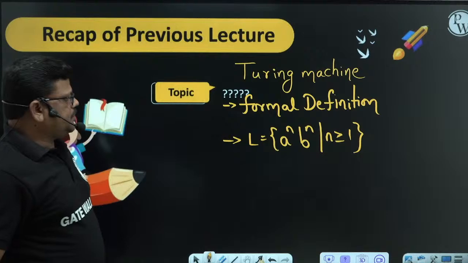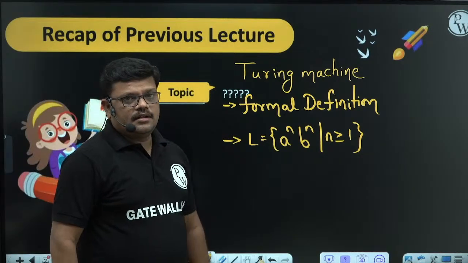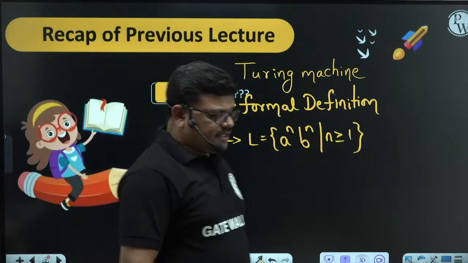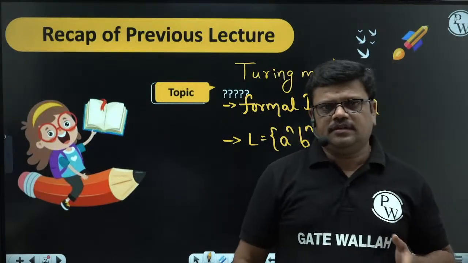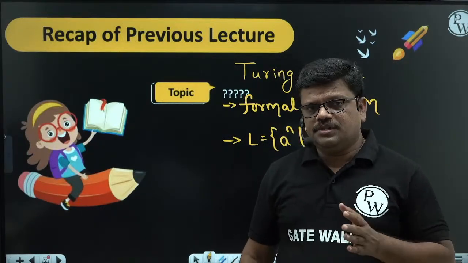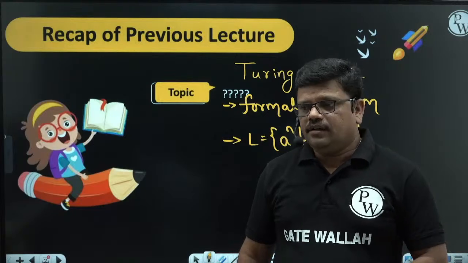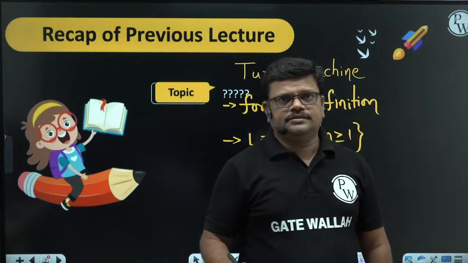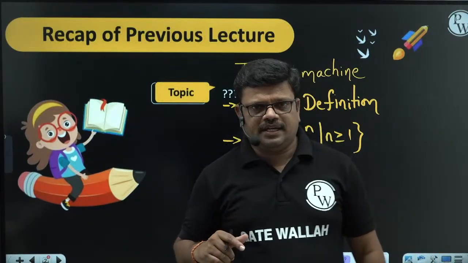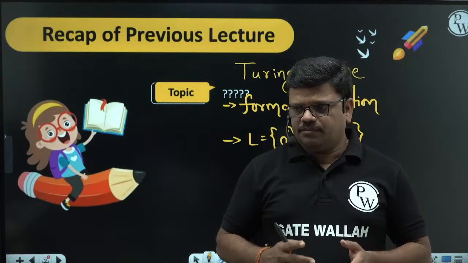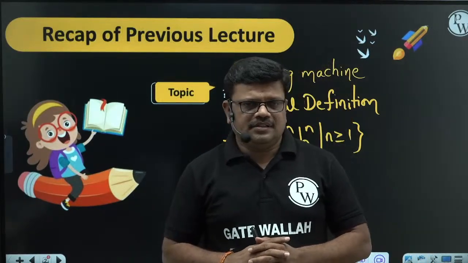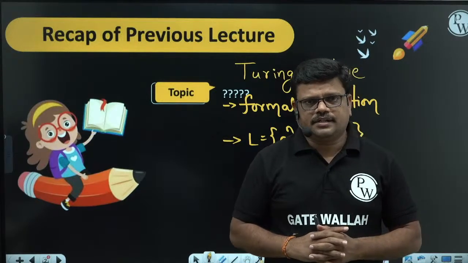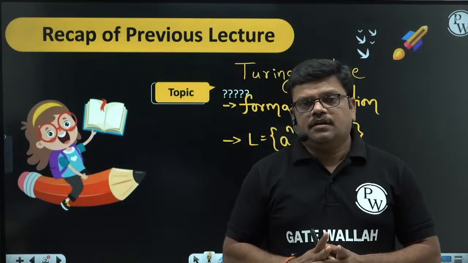Then we studied that there are three types of Turing machine: Turing machine as a language recognizer, Turing machine as an output generator, and Turing machine as an enumerator. For all these three types, we have to construct Turing machines. In the last class, we started constructing the Turing machine for the language recognizer.